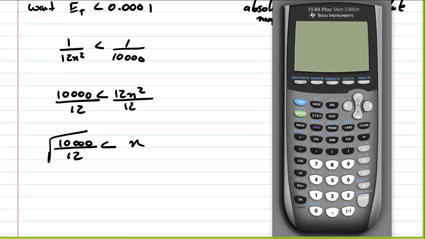So we grab our calculator, and if we take 1,000 over 12, and then we take the square root of it, we get this value.